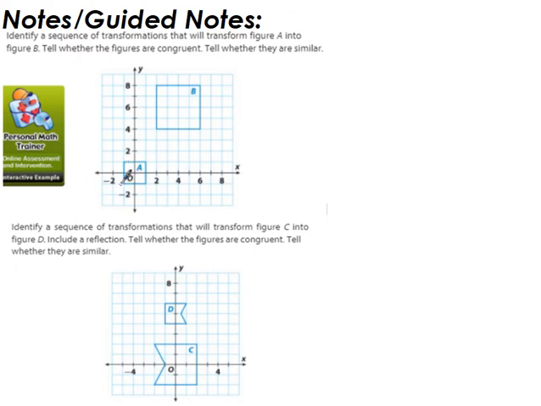So my side length for this left side is 2. This side length is 1, 2, 3, 4. So it's a 4 by 4 square, a 2 by 2 square. So I know my scale factor is 2. So I'm going to dilate by a scale factor of 2.